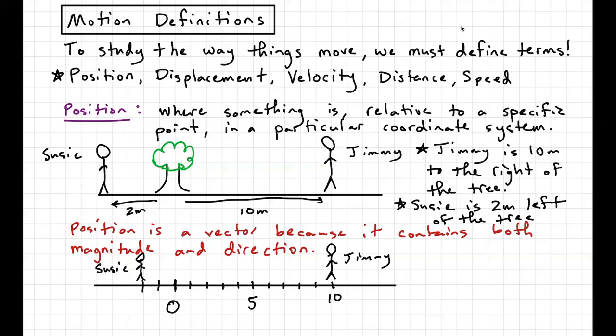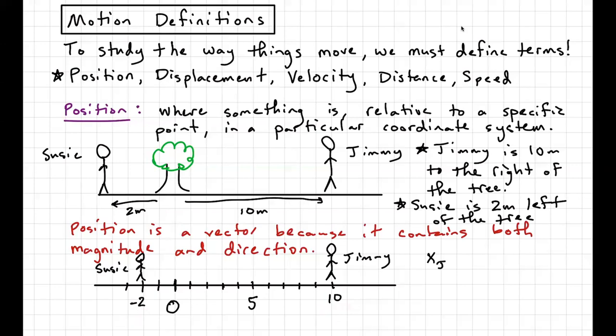Notice that Susie on this number line is at -2. The minus here indicates the direction rather than right or left. We've got positive numbers to indicate to the right and negative numbers to indicate to the left. I can write the position of Jimmy, which I'll call x sub j.